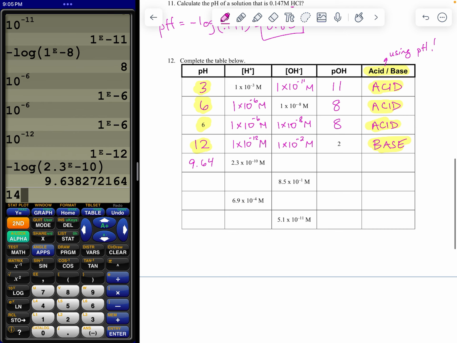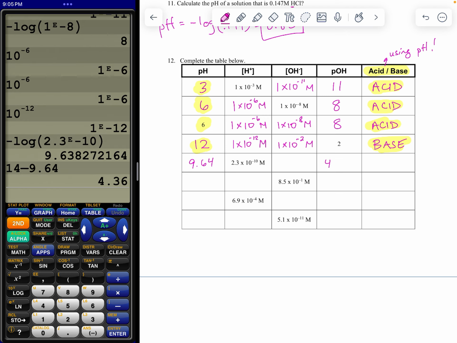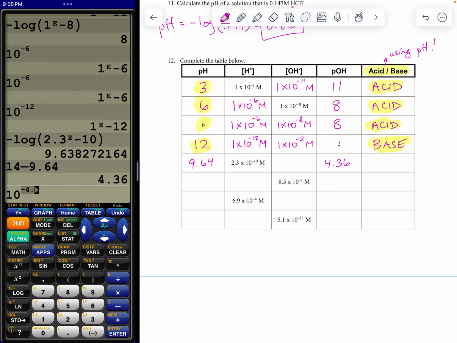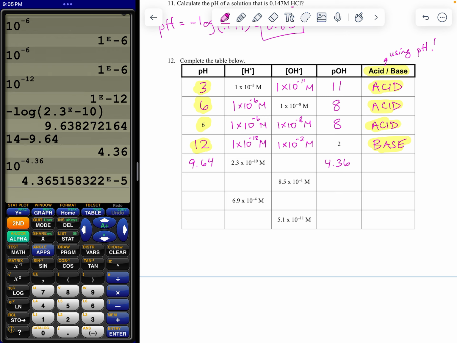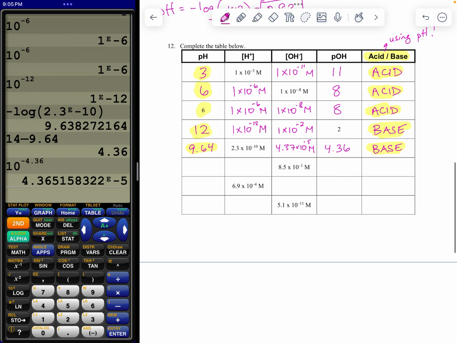That's going to mean that the pOH is 14 minus that, 9.64, and that's about 4.36 here. And we're going to do 10 to the negative 4.36 to get the OH concentration, which is 4.37 times 10 to the negative 5th molar. And then this, of course, will be a base based off of that pH value there, above 7.